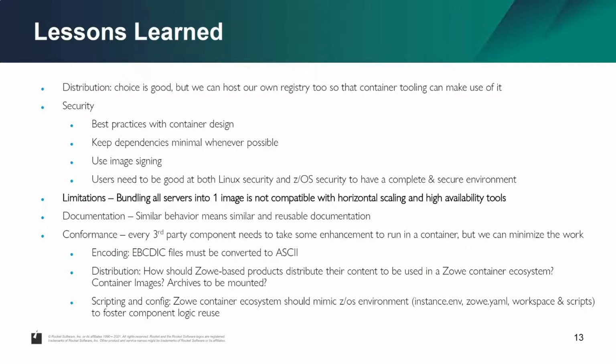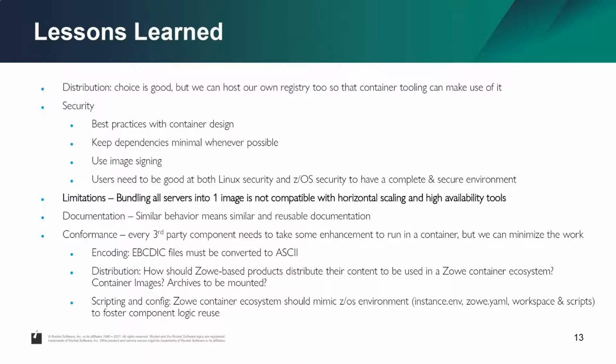Image signing is another way to verify that the container you're getting really came from us. And ultimately, there's more that we can do when it comes to documentation to make sure that people are fully aware that when you're using containers outside of z/OS, you not only need to keep your z/OS security optimized, but you need to be pretty good at Linux security as well.